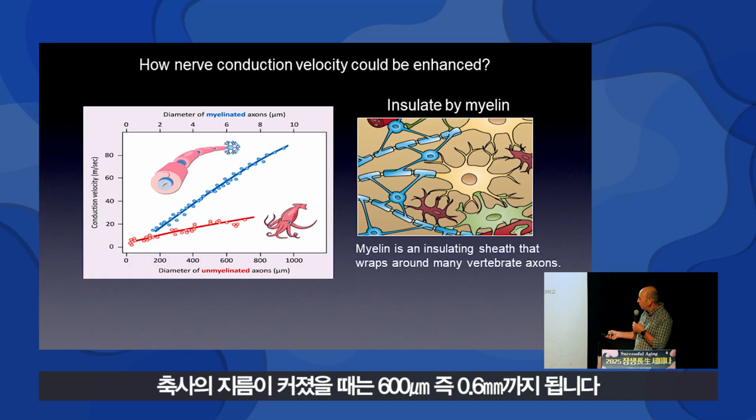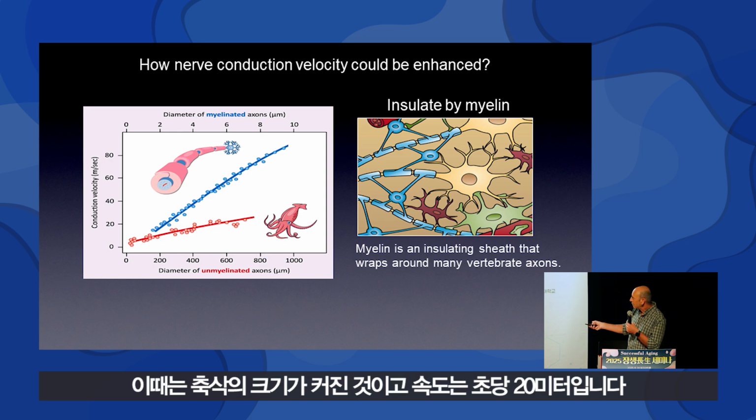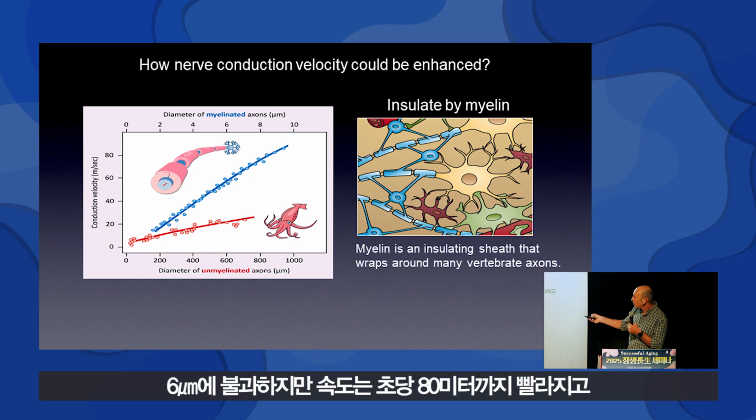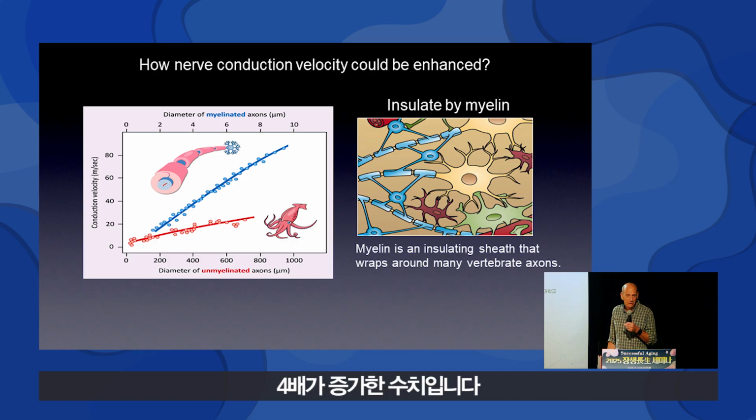Okay, so before we saw this is 600 microns. This is a 0.6 millimeter axon, a huge axon. It will conduct at 20 meters per second. Now, if you go to even just an 8 micron myelinated nerve, it will conduct at 80.